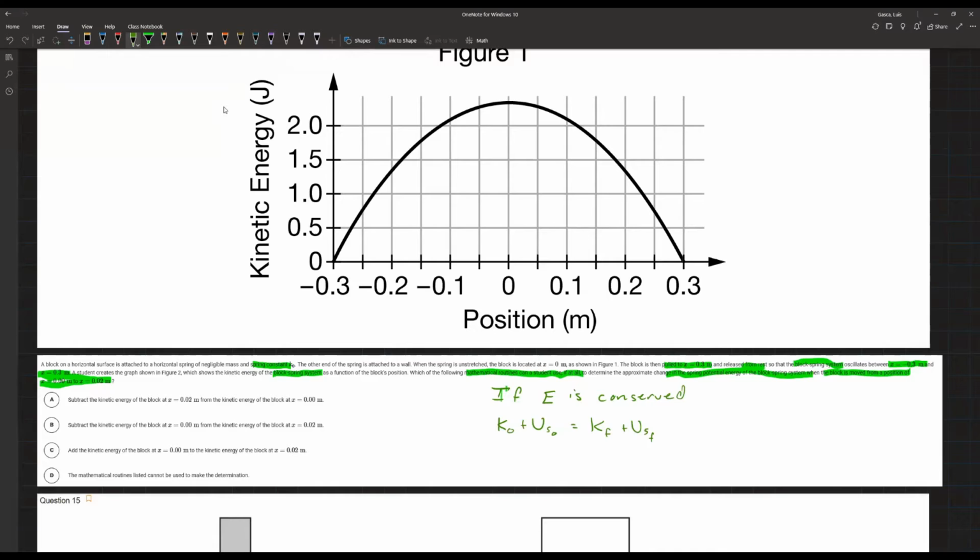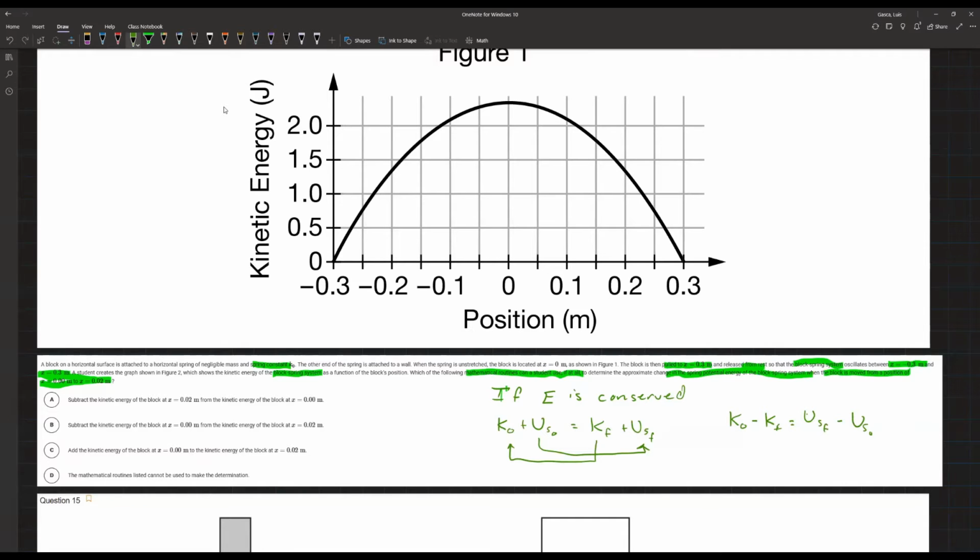And we can find their changes. If I move this guy over and then move this guy over, we get the original kinetic energy minus the final kinetic energy is going to equal the final spring potential energy minus the original spring potential energy.